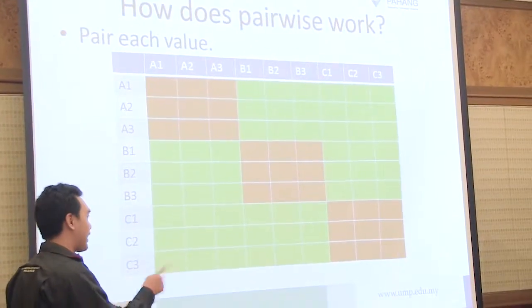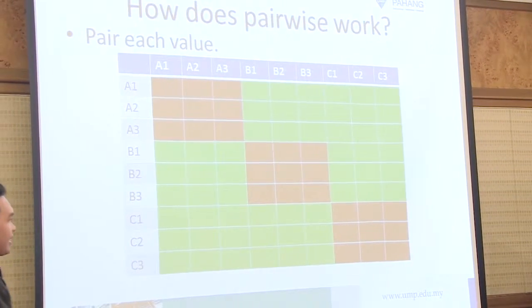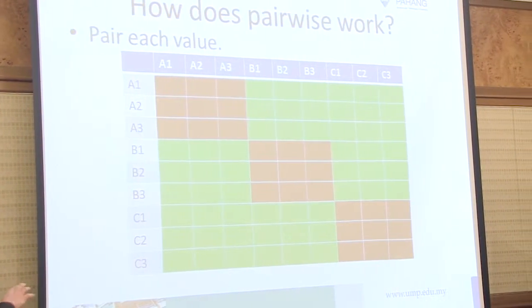So how does pairwise work? This is actually about the interaction between those parameters. In pairwise, we do not care whether it's A, B or B, A. To us, the scope of pairwise is the same.